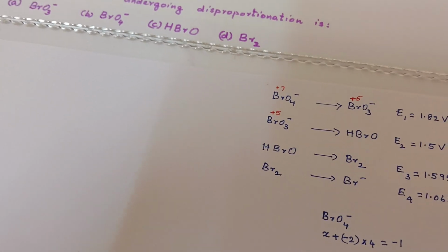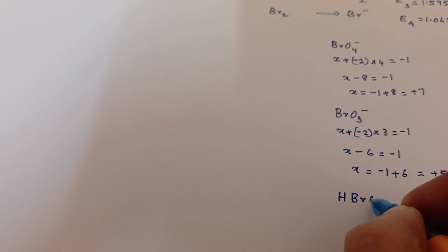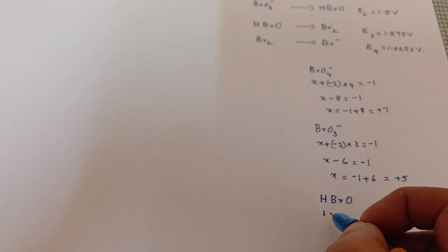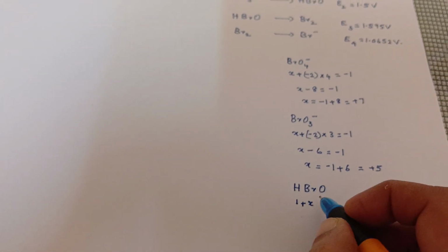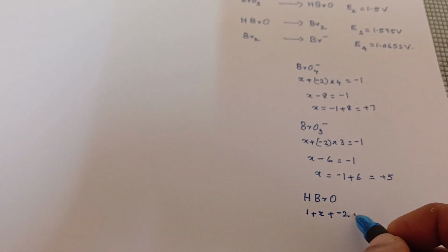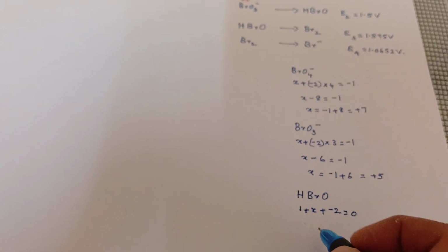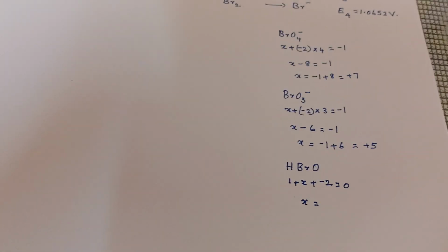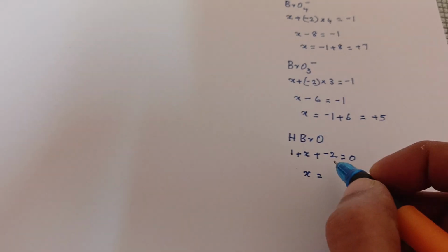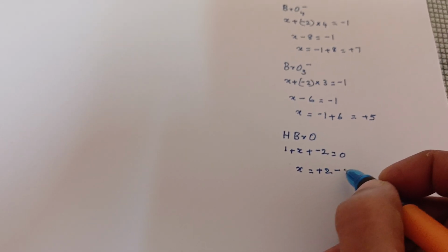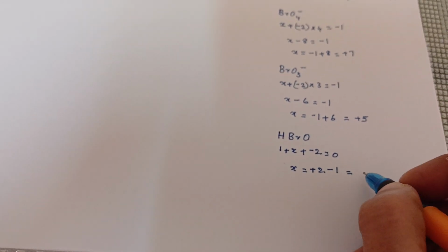In HBrO, let us see. Plus 1 is the oxidation state of hydrogen, plus let X be the oxidation state of bromine, plus minus 2 is the oxidation state of oxygen, equal to 0. No overall charge. So X equals, let us take those numbers to the opposite side. Minus 2 will become plus 2 and plus 1 will become minus 1. So it will be plus 1.